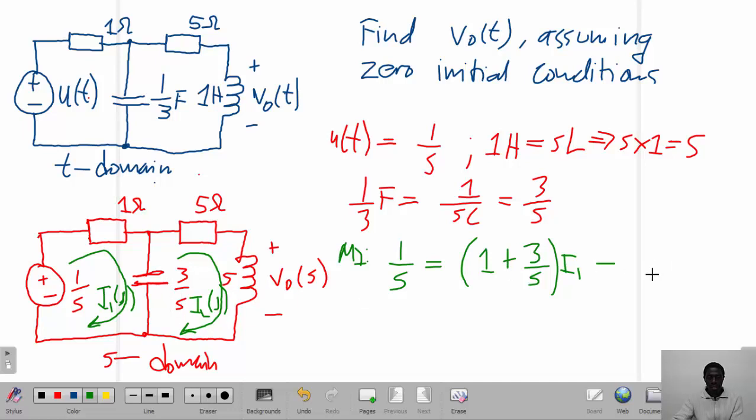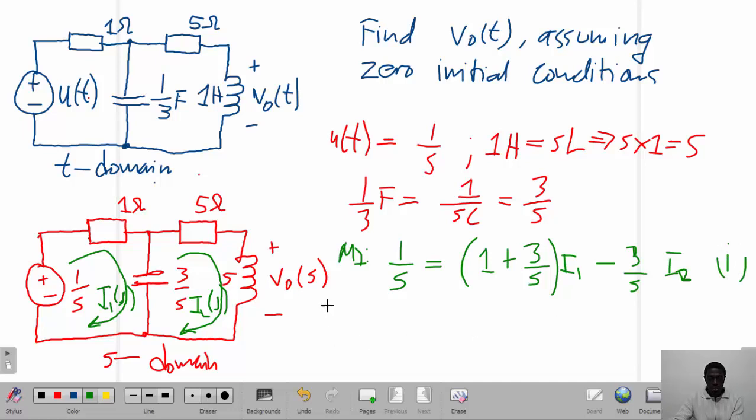This current is multiplied by the value of the capacitor here, in this case 3/S. This multiplies by I2. So this is mesh 1.